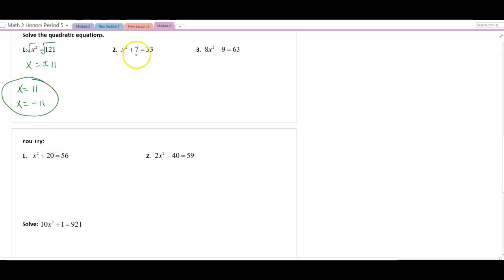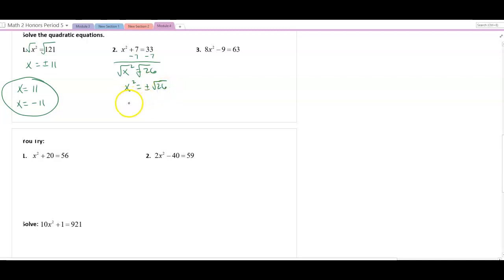For the next example, the first thing I have to do is isolate the x squared term. So I have to get rid of the 7. How do I get rid of it? I subtract it. So I get x squared equals 26. Now I can take the square root of both sides, and I get x equals plus or minus the square root of 26.